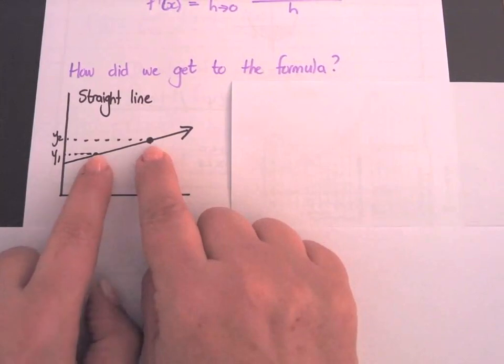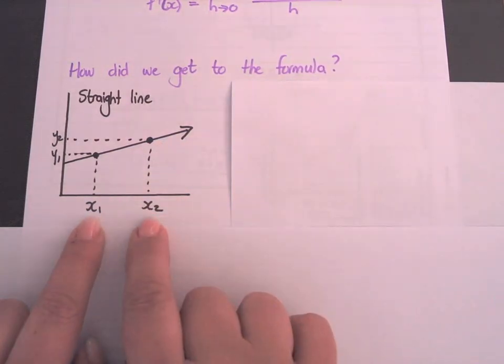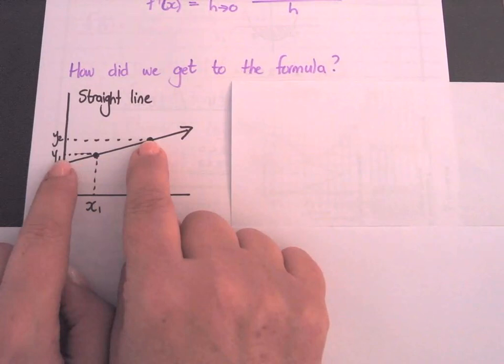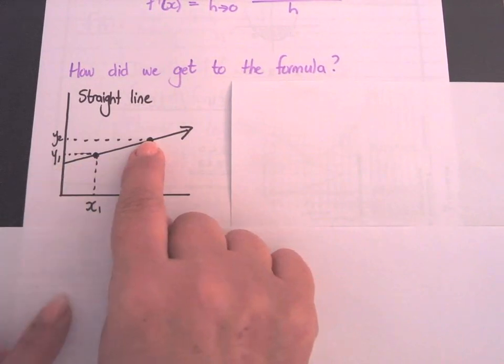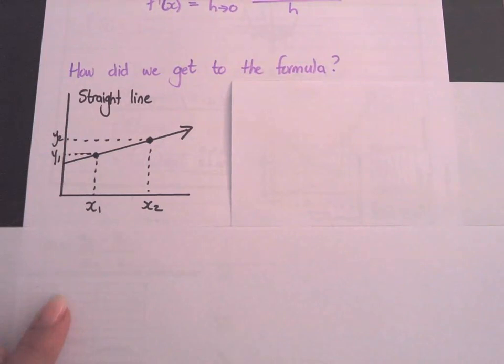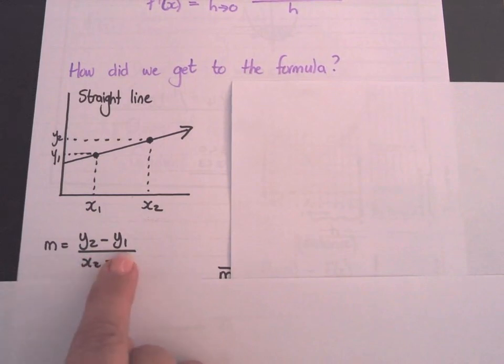We first identified the x value of the first point and the x value of the second point. And then we got the y value of the first point and the y value of the second point. And the formula for the gradient of a straight line was the difference between the y values over the difference between the x values. That was for a straight line.